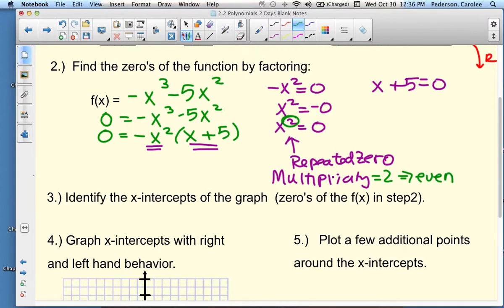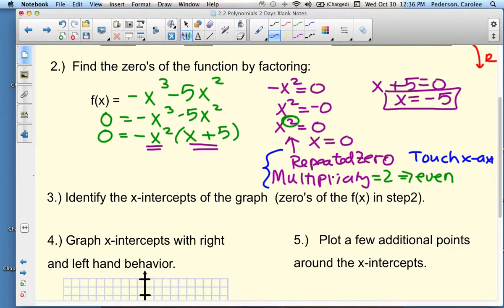So that tells us when we graph that x-intercept at 0, 0, it cannot go through the x-axis. It's just going to touch the x-axis. So that's a little bit about the repeated 0. The other x-intercept, or 0, is at negative 5, and then at 0.